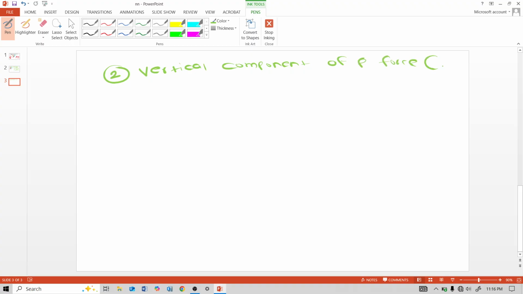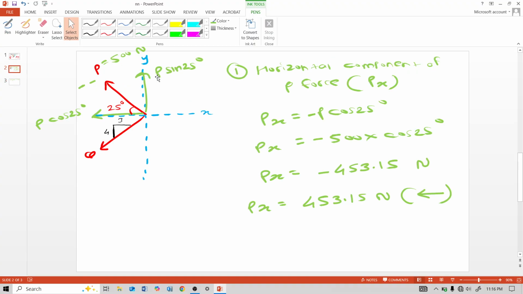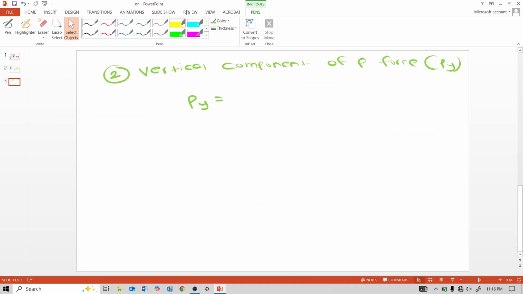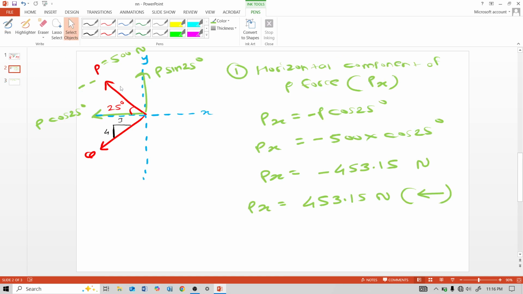So the vertical component of the P force, we will nomenclature it as Py because y is the vertical component, and see here I resolved this force in the vertical as P sin 25 degree. So minus P sin, minus y, it is minus because our force is in the second quadrant, and in the second quadrant y is also minus.